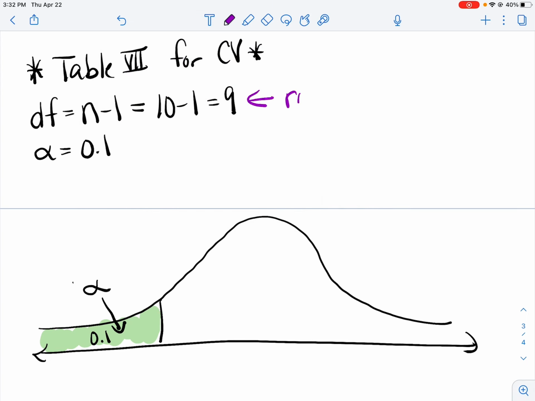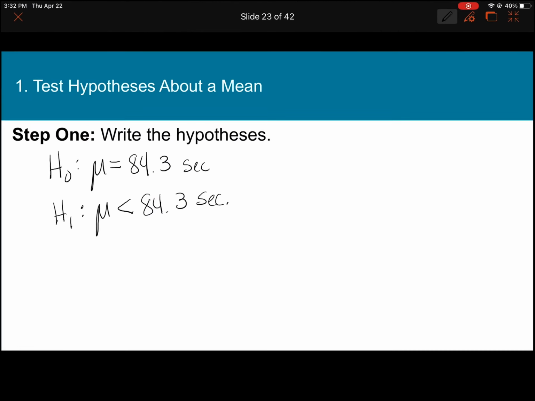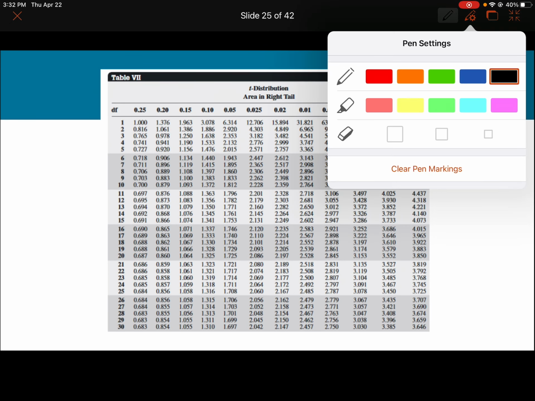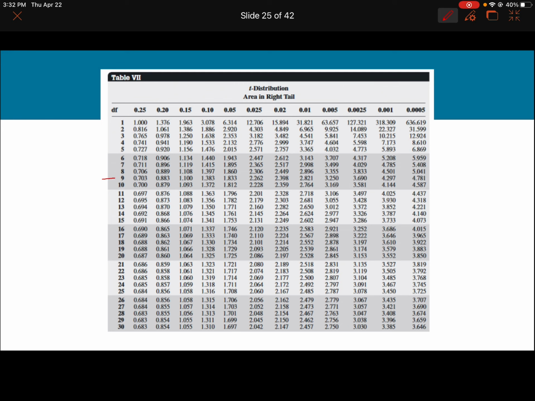The 9 tells me which row on table 7, and the 0.1 tells me which column. So here's my table. I'm going to the row that has the 9 and the column with the 0.1.